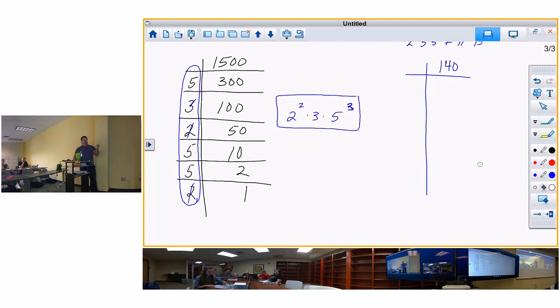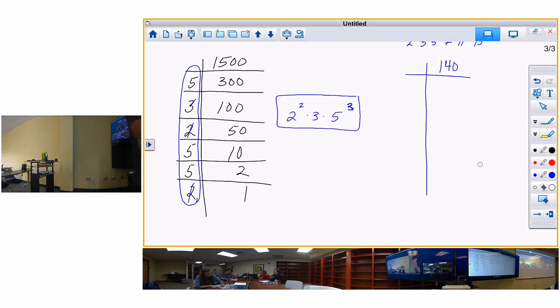All right? I can't use 10, so I've got to use 2 and 5. So I'm going to use 2 because it's easy. 2 will go into 14 7 times, and then you just bring down the 0. Can I use 2 again? Yes. You can use 2 or 5, but I'm going to use 2 because it's easy for you. I used 7. Is that good?